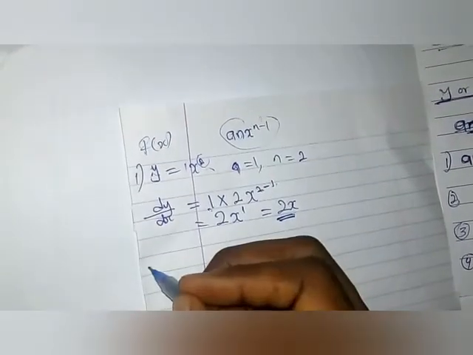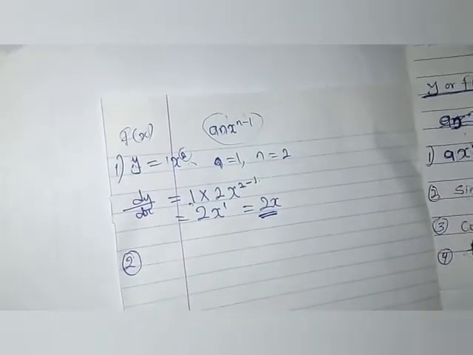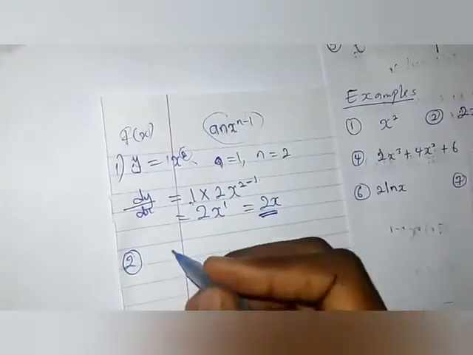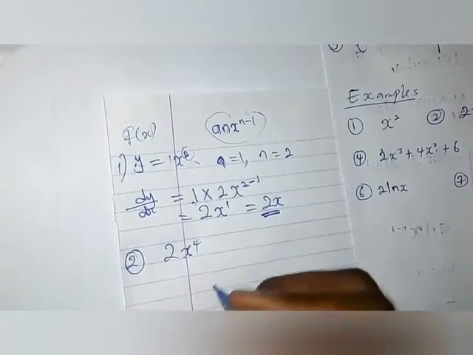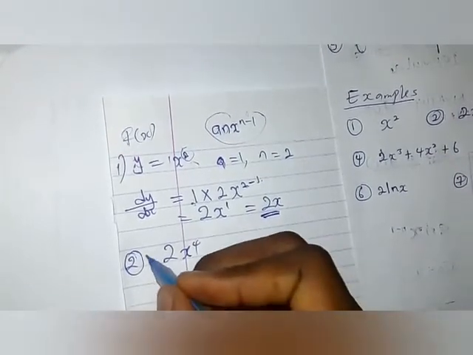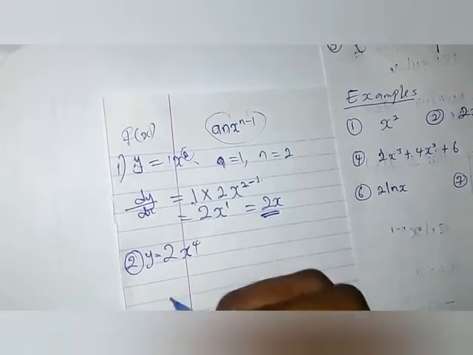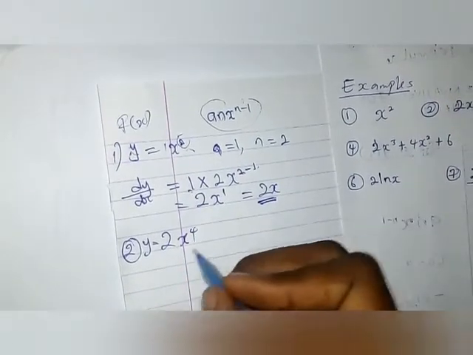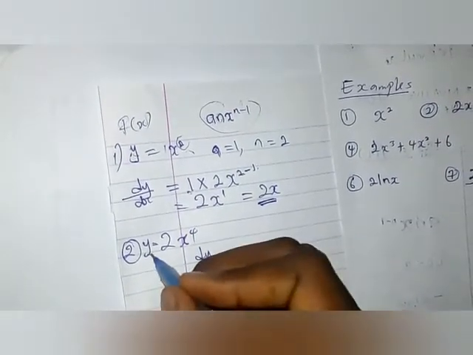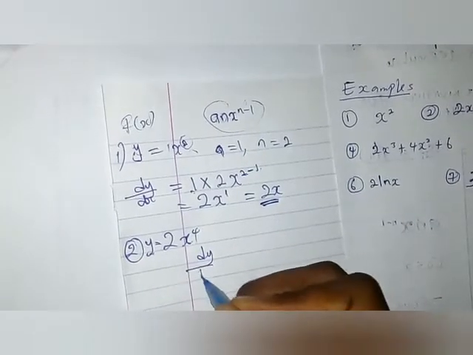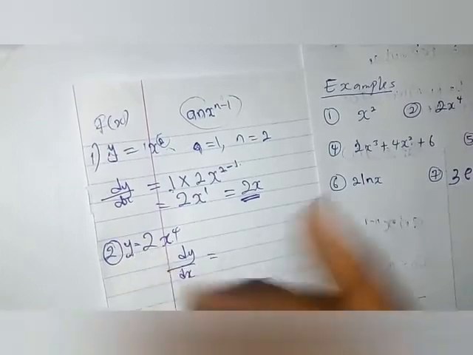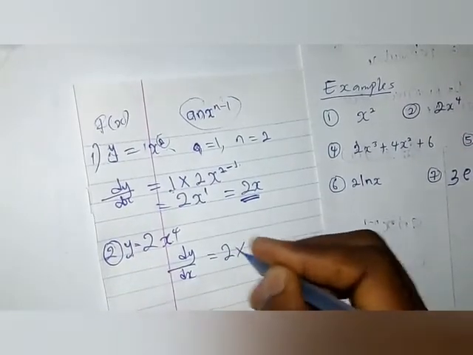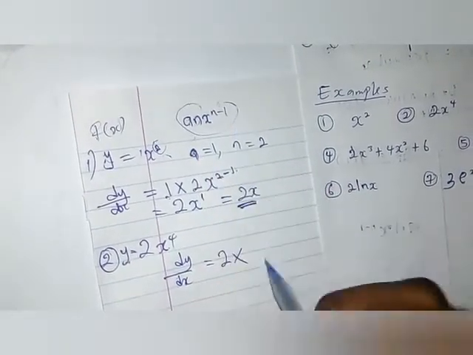The second question is 2x raised to the power of 4. So the function is y equals this. To find dy/dx, the change in y over change in x, just bring out the constant, since it already has a constant, and multiply according to the formula here.